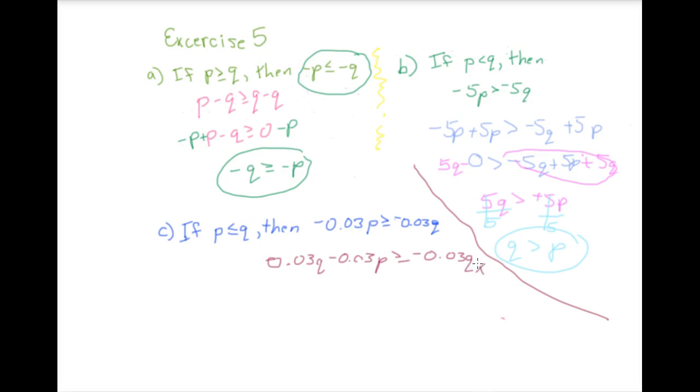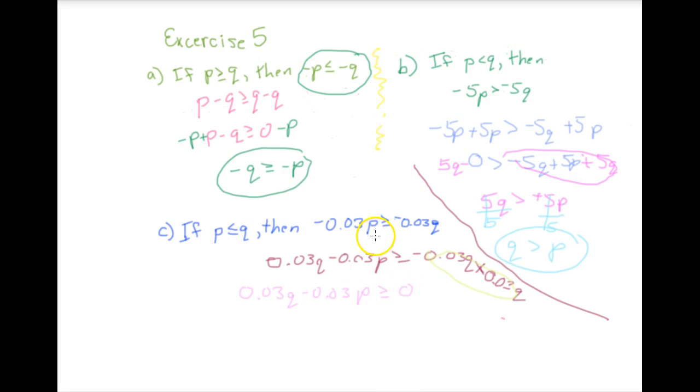Plus, it's supposed to be a plus sign, 0.03Q. All right, we got a 0 pair. So what we have is 0.03Q minus 0.03P greater than or equal to 0.